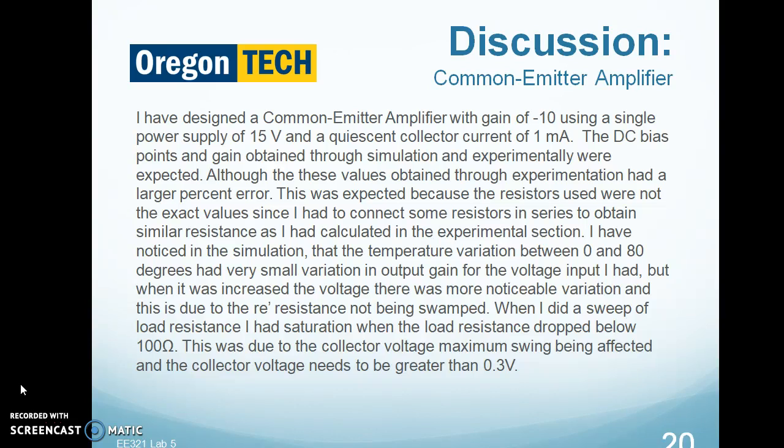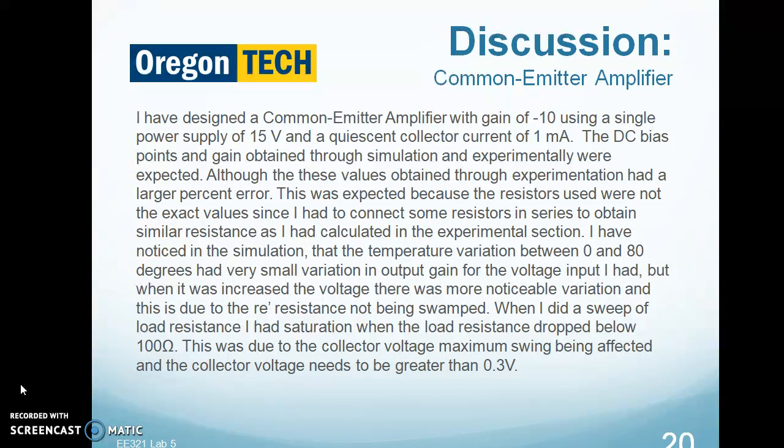So I have designed a common emitter amplifier with a gain of -10 using a single power supply of 50 volts and a quiescent collector current of 1 milliamp. The DC bias points and gain obtained through simulation and experimentally were expected. So I got what I was expecting.